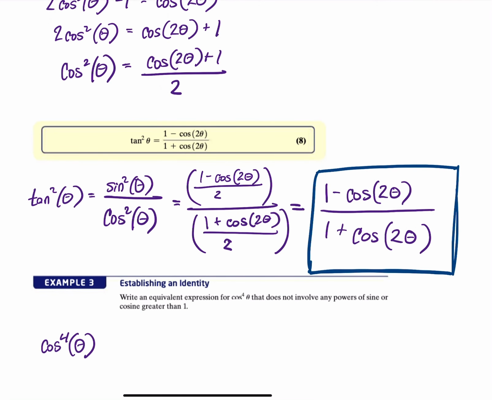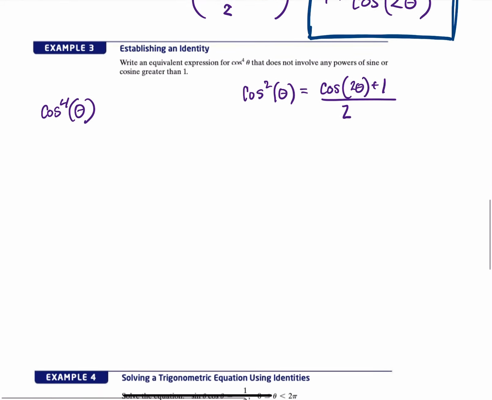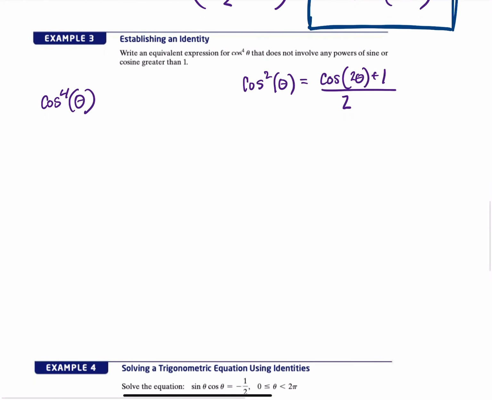And let me write that here just so we can reference. We know that the cosine squared of theta can be expressed as the cosine of 2 theta plus 1 over 2. You can view this as like a power reduction formula. I think I've heard it described in that context as well. Because we're reducing the power from being squared to being in the first power.